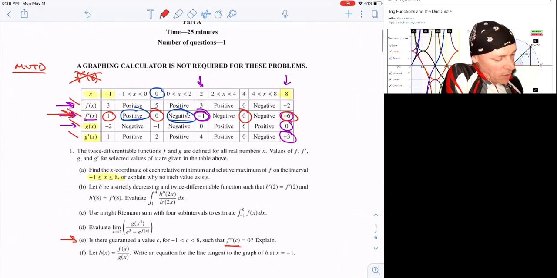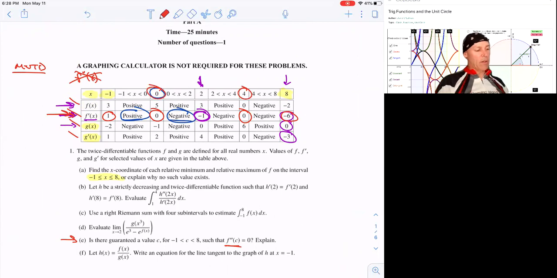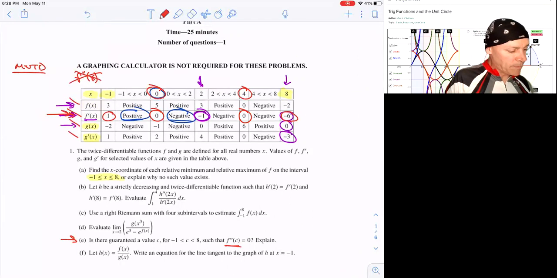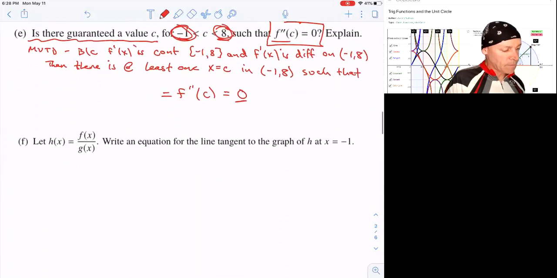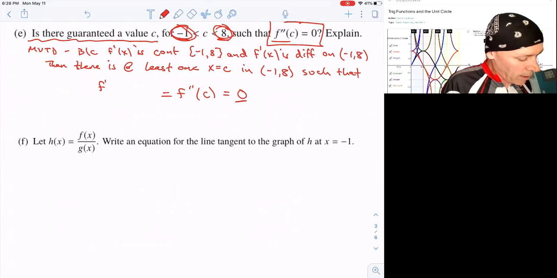So I'm going to use 4 and 0 as my X values. So I'm going to do F prime at 4 minus F prime at 0.